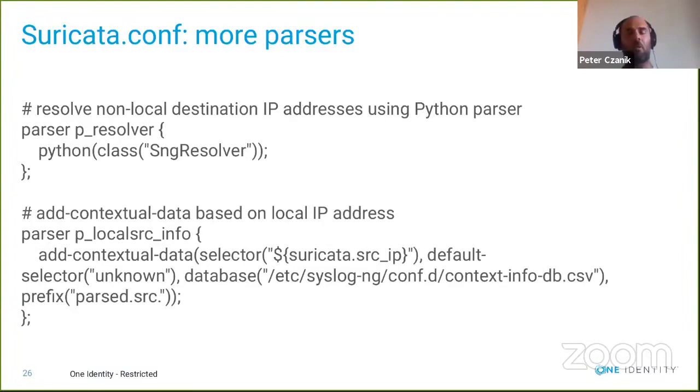We use it on local IP addresses. It can be good, for example, to add a room number or rack number or administrator name, or whatever you want to add to speed up investigation.